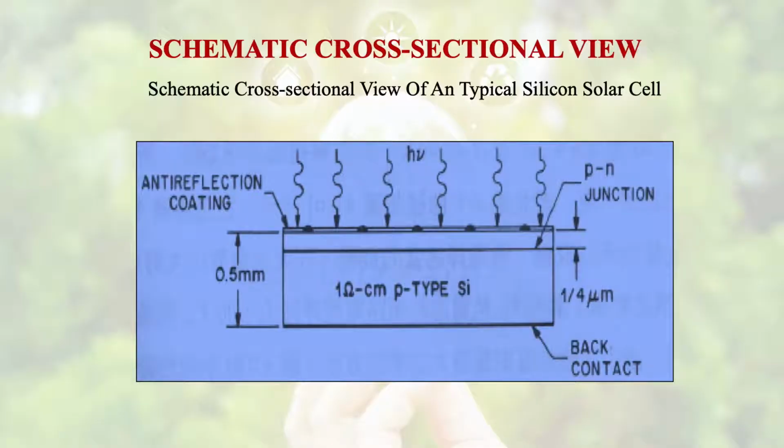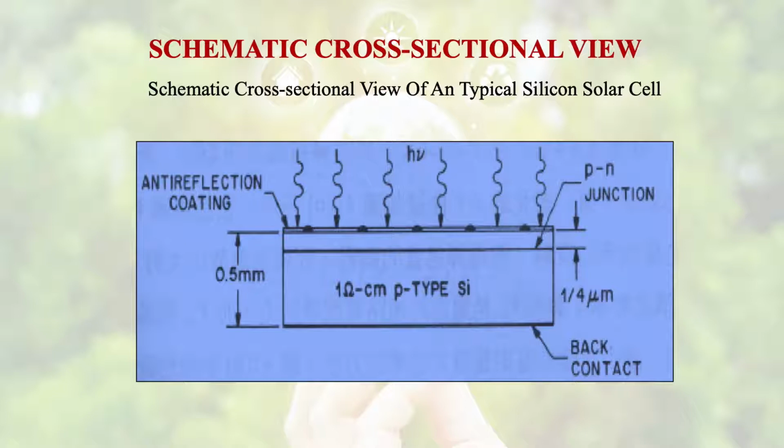So learners, we can understand this concept here also, where I am showing the schematic cross-sectional view of a typical silicon solar cell. You can see in the figure where the p-type and n-type semiconductors are, and you can see that the thickness of the p-type is more than the n-type, and the n-type semiconductor is very thin.